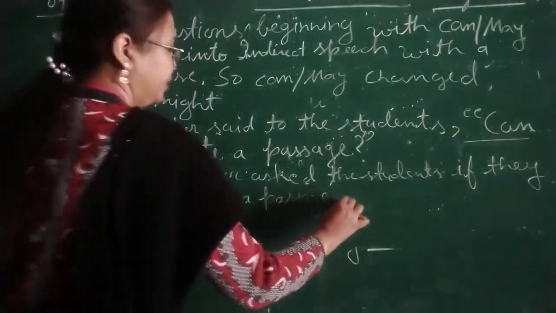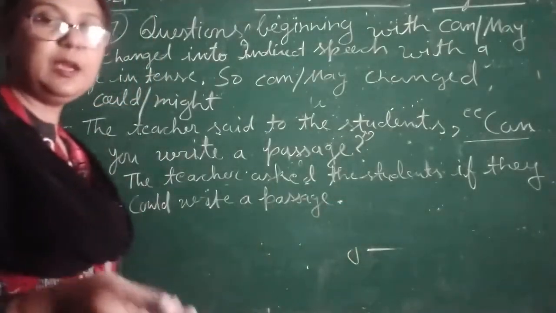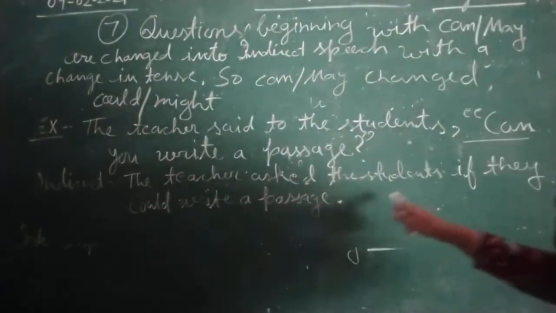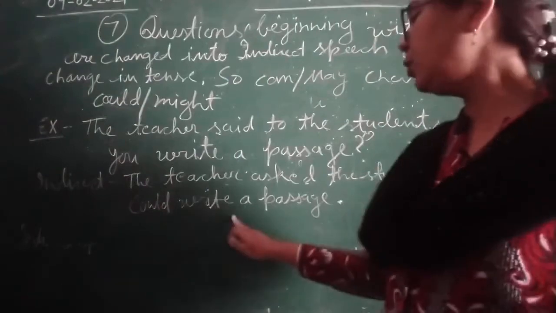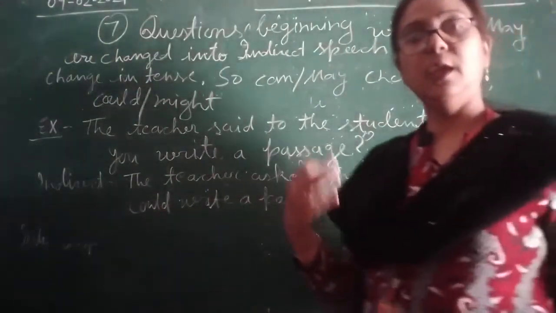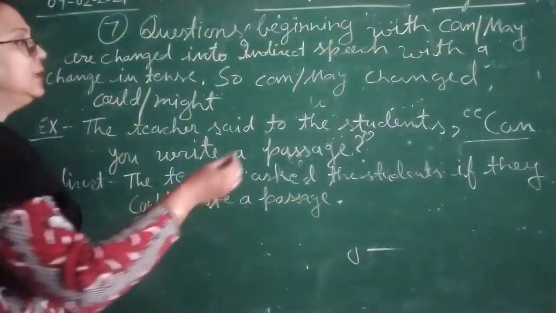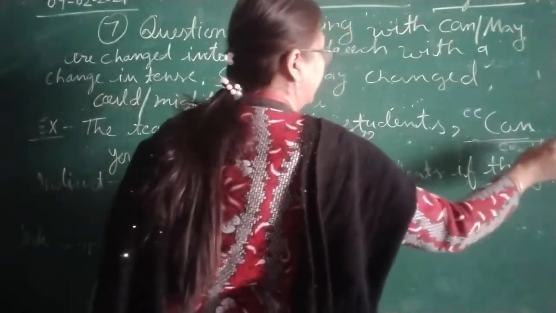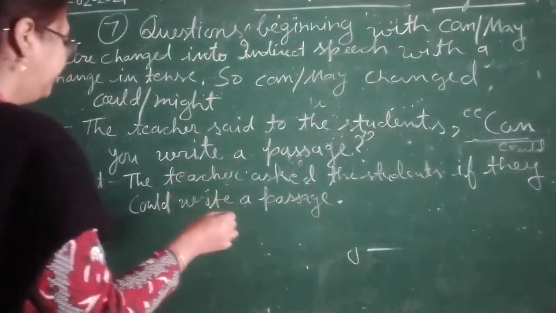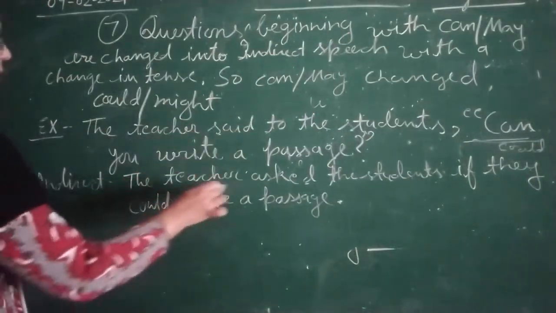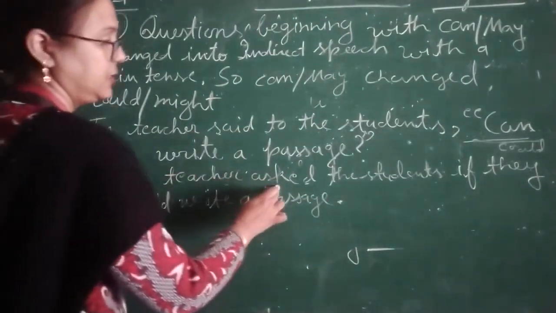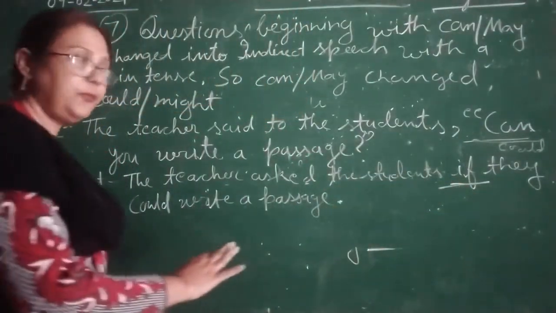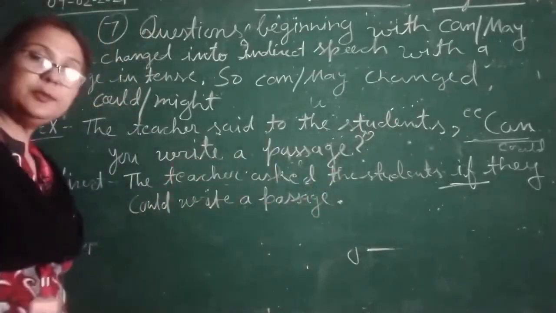Okay, so we have used if and whether, as we have discussed, if and whether we will write, and here what we have used, the teacher asked the students if they could write a passage. So here we have changed only and only can becomes could, and in place of teacher said, we have written the teacher asked the students. If and whether will be used over here. So if they could write a passage.